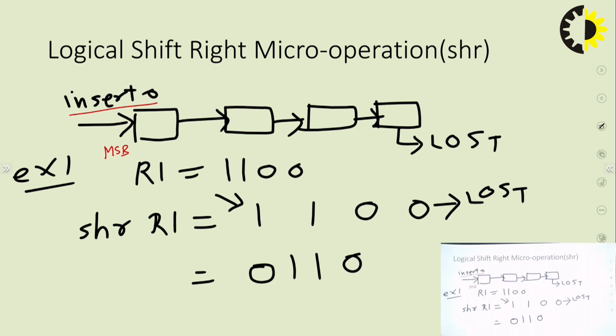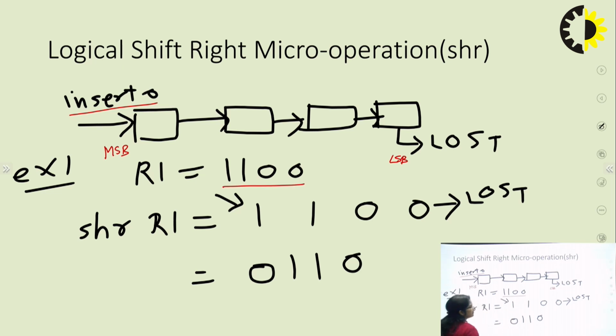And in this logical shift right micro operation, on the MSB side you are inserting 0 and the LSB will be lost. So R1 equal to, suppose this is the example, 1100.